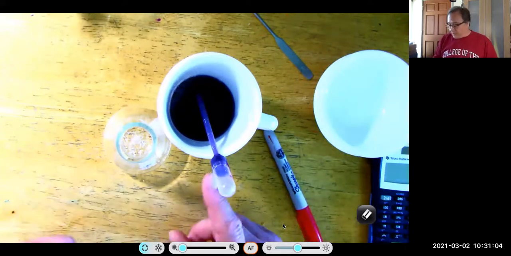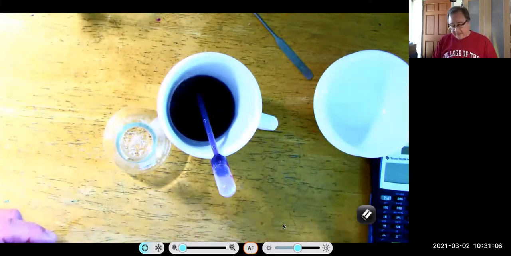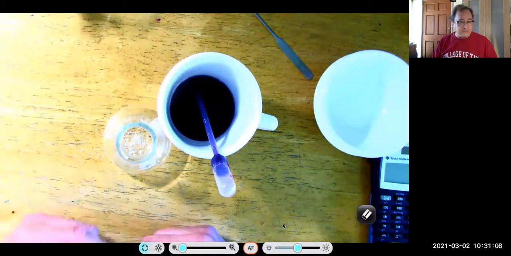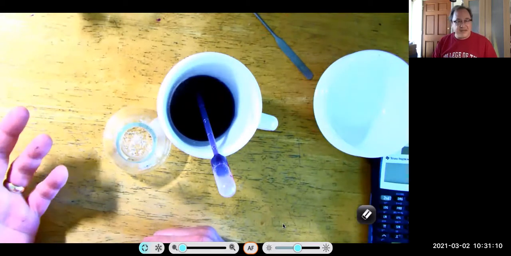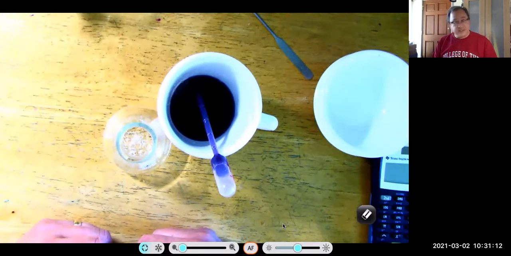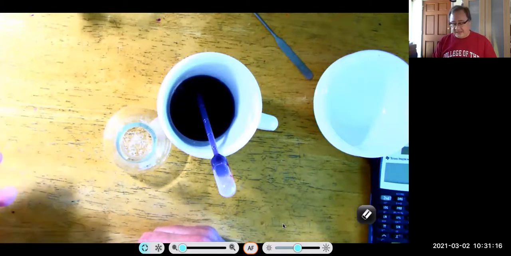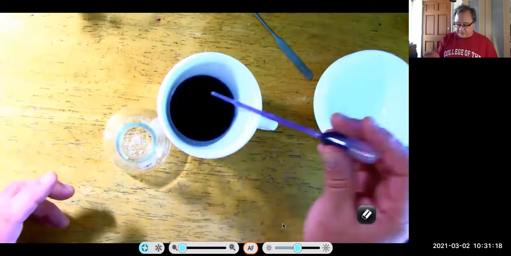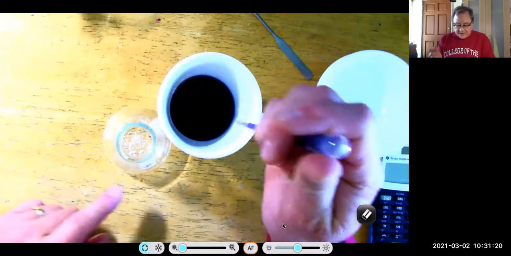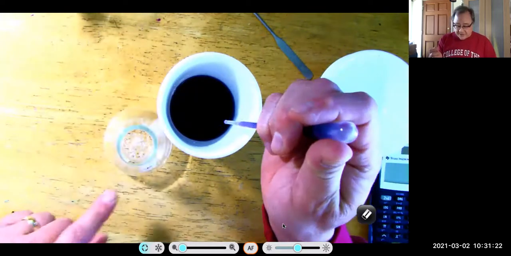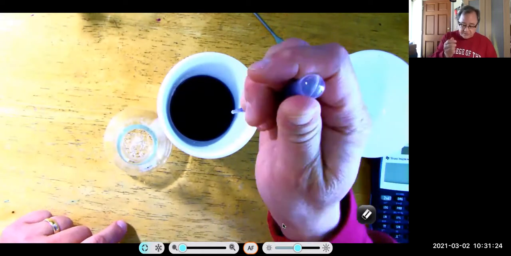Now I made this by putting a whole leaf in a pot of water, and I boiled it for about a minute or two. I didn't put much water in there, maybe 100 milliliters, maybe 200 at most. And I got this rich colored solution. So what I want to do is add indicator solution to my potassium hydrogen phthalate. I'm going to add 10 drops.